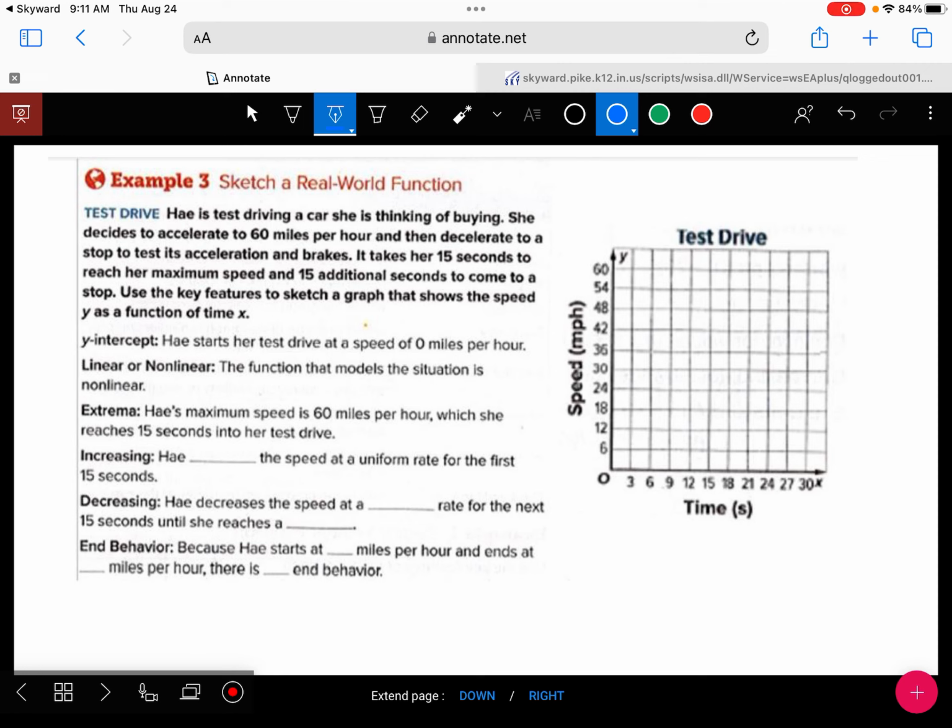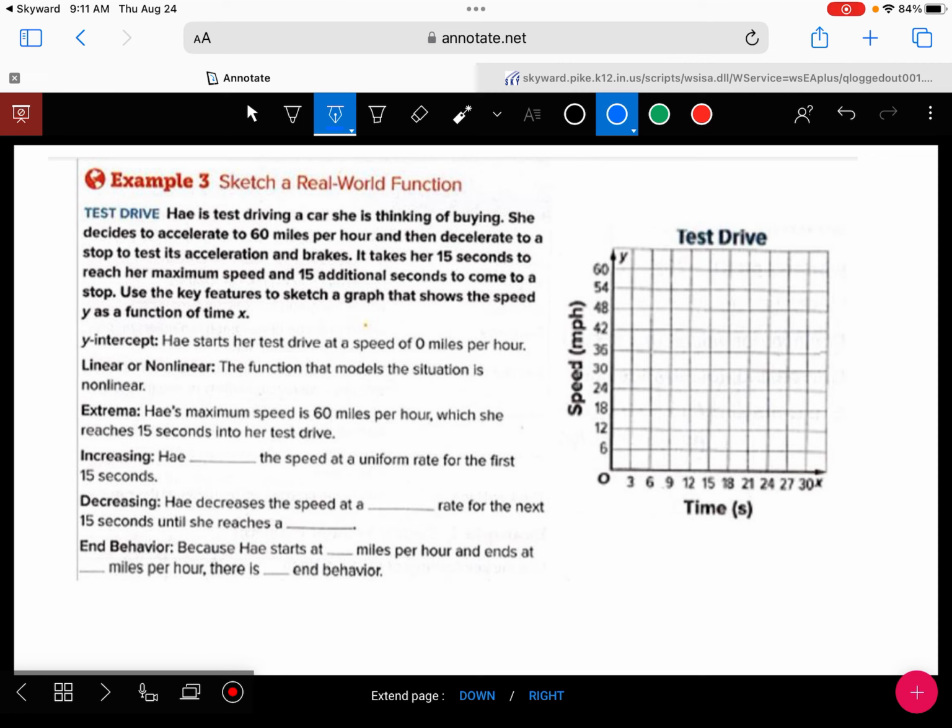So it says, Hay is test driving a car that she is thinking of buying. She decides to accelerate to 60 miles per hour and then decelerates to a stop to test its acceleration and brakes. It takes her 15 seconds to reach her maximum speed and an additional 15 seconds to come to a stop. Use the key features to sketch a graph that shows the speed y as a function of time.